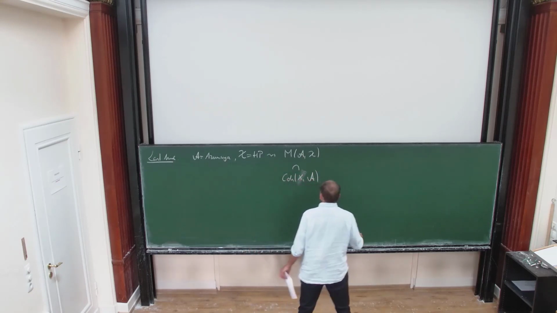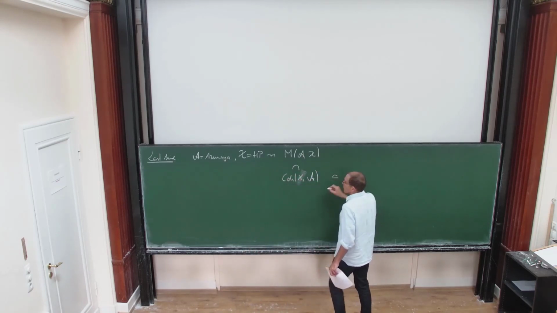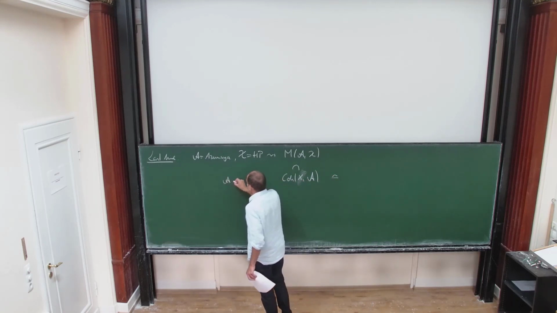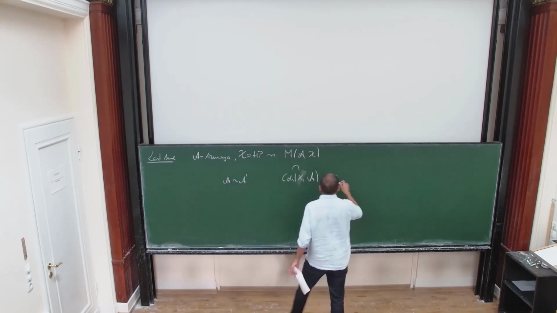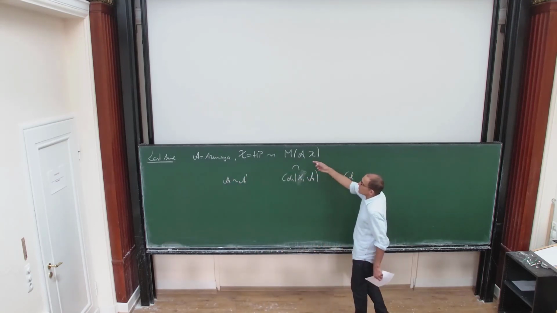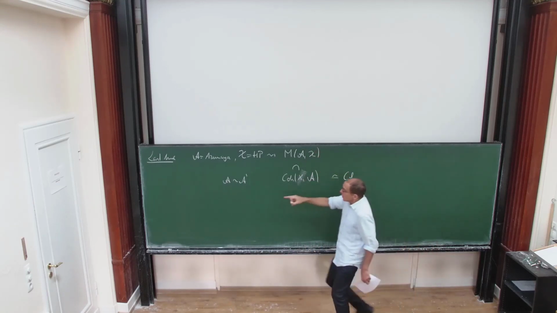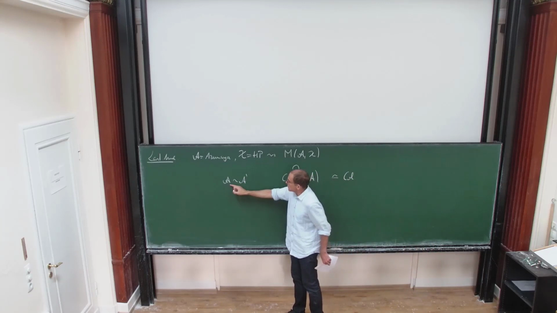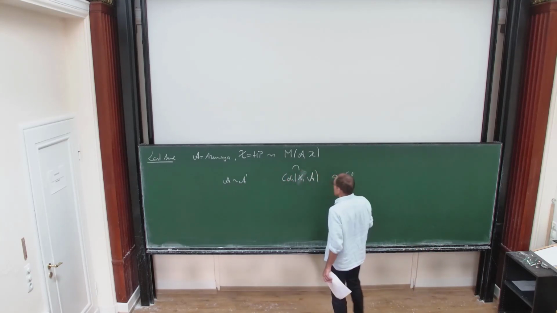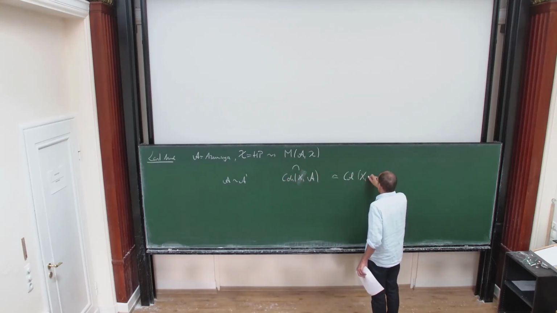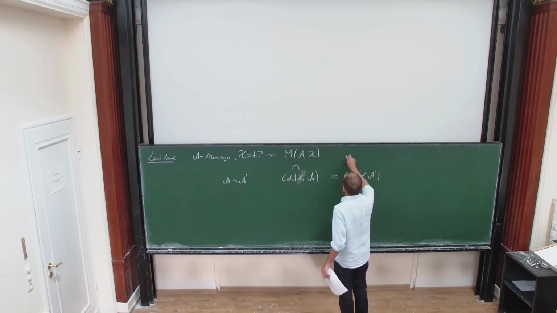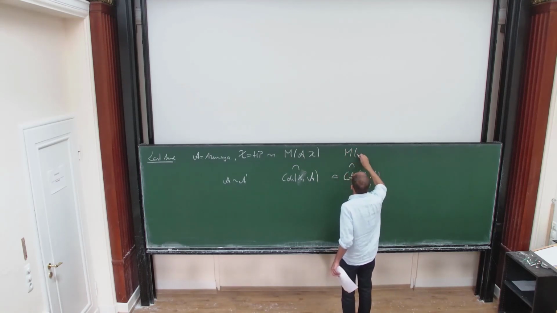And then there was the subtlety that if you have an equivalent Azumaya algebra, so what we really would like to have is a moduli space for each Brauer class. So we will need to compare the two moduli spaces for two equivalent Azumaya algebras. And then I have a moduli space here.